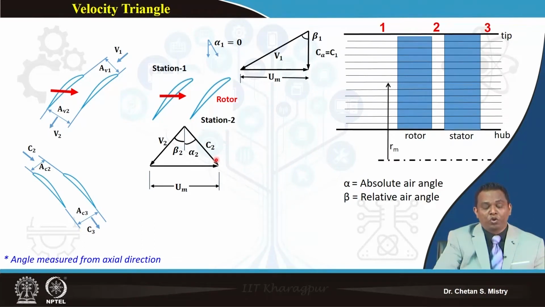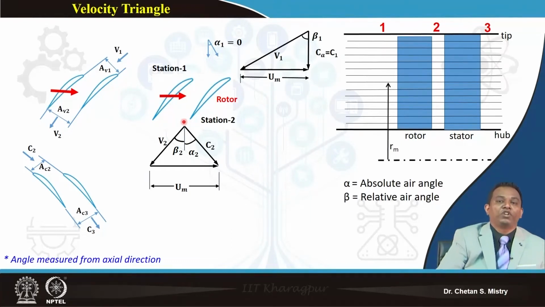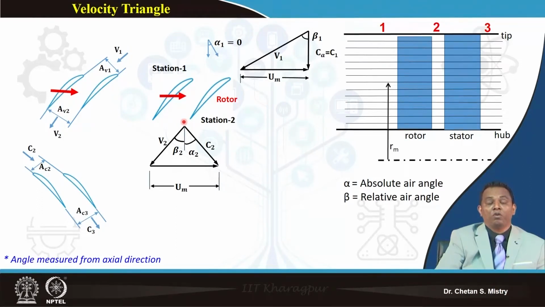Now let me show you here. I'll be putting my angle. Careful when we are talking about this axial flow machine, we are measuring angles with reference to the axial direction. Do not get confused. Universally, people measure these angles in reference to the axial direction.